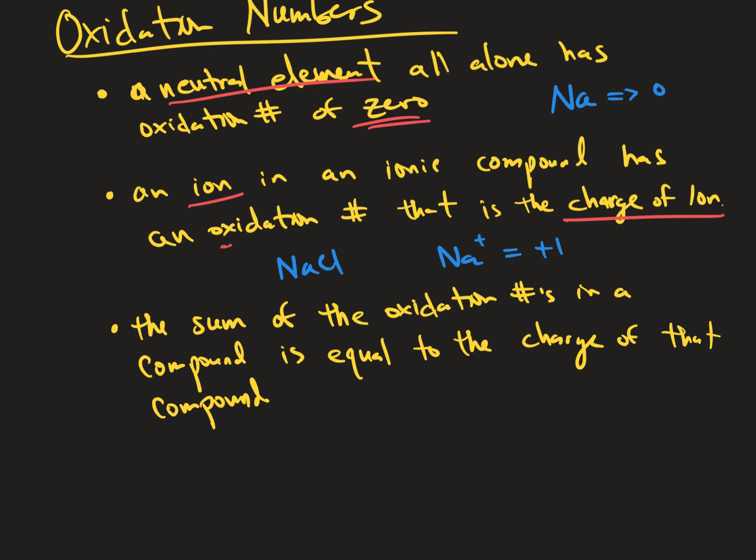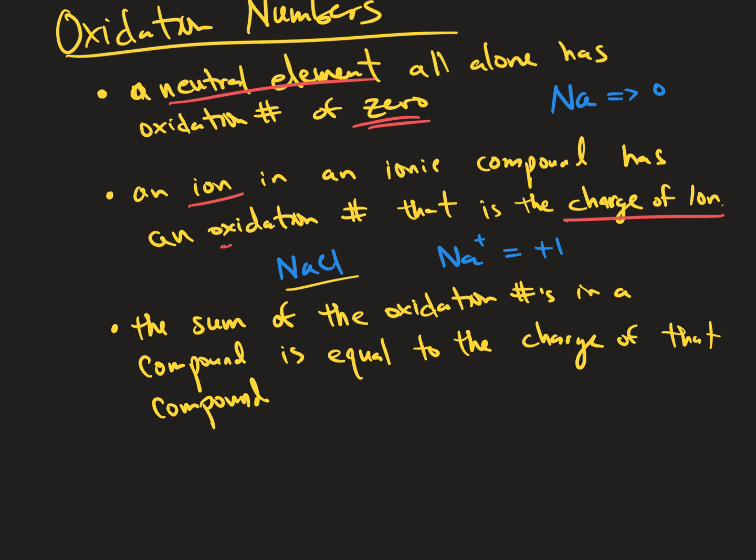So most compounds have a charge of what? 0, right? So all the oxidation numbers should add to 0. For an ionic compound, yeah, that's right. If we have sodium chloride, sodium is positive 1, chlorine's negative 1. We add them together and we get 0. Make sense? Okay? For a covalent compound, a little bit different. We'll get there in a minute.